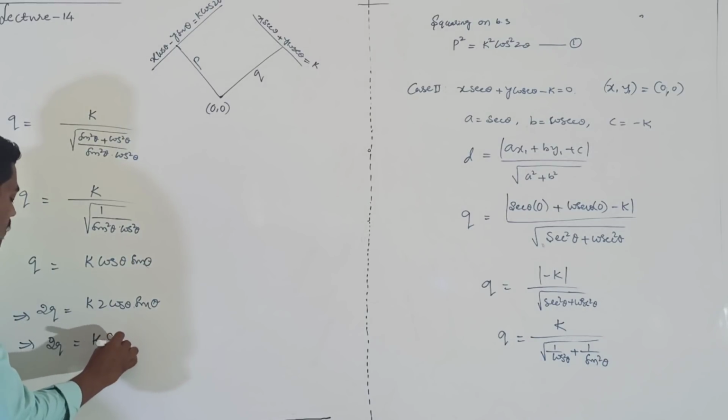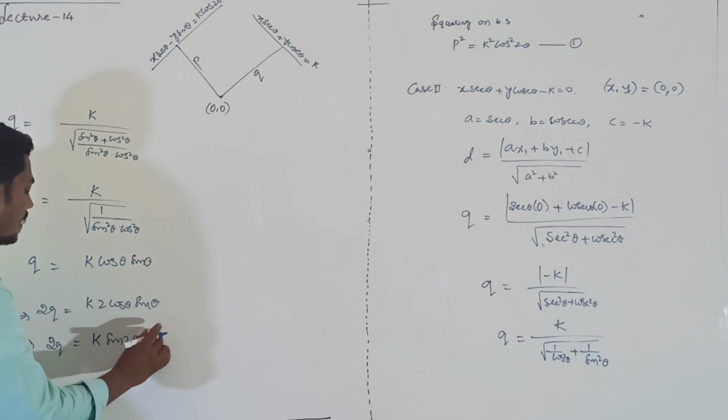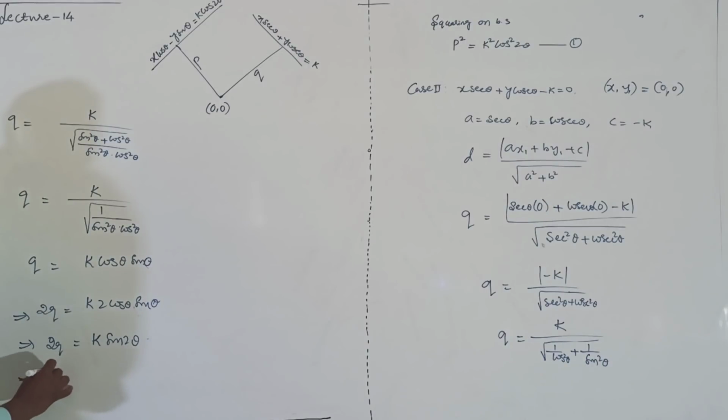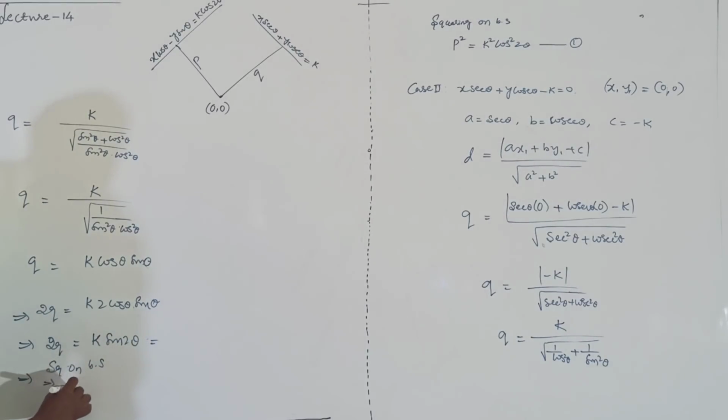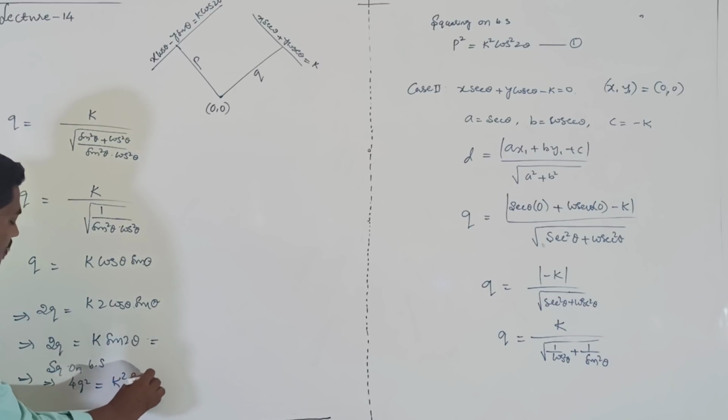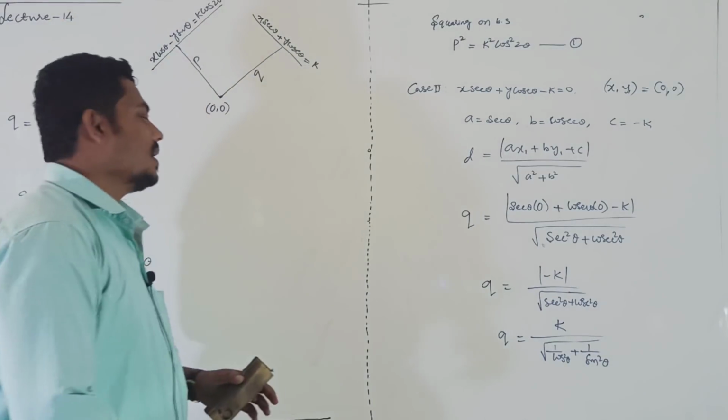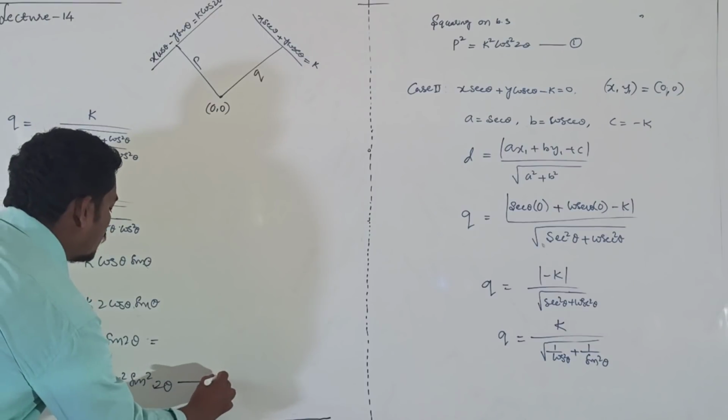K into sin 2 theta, and squaring on both the sides, then it will be 4Q square is equal to K square sin square 2 theta, right? Now take this as equation number 2.